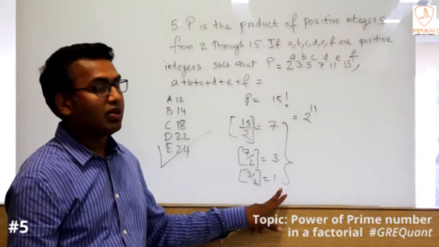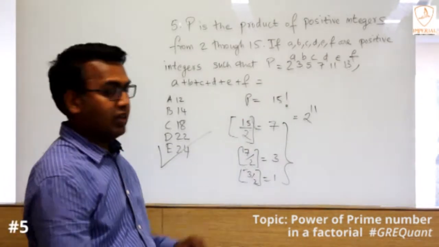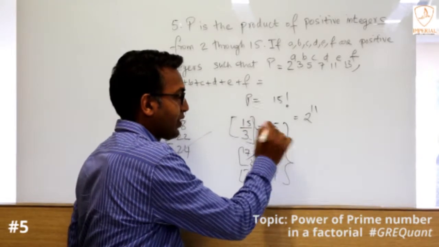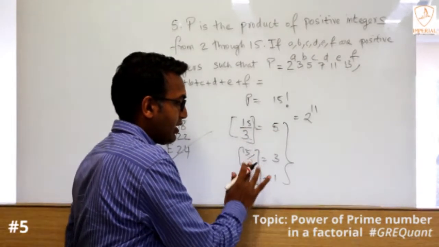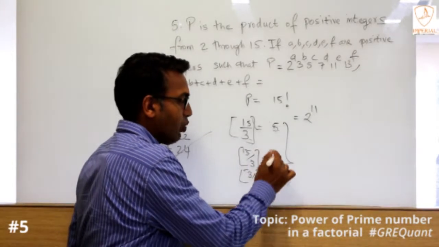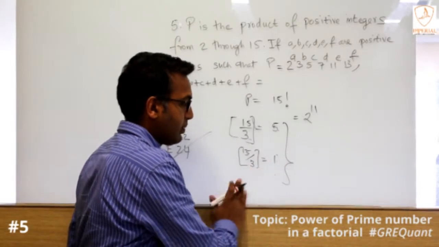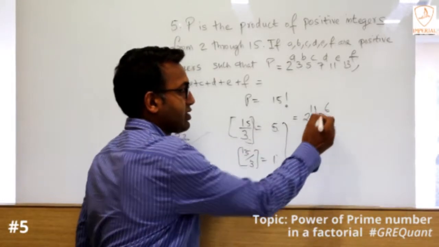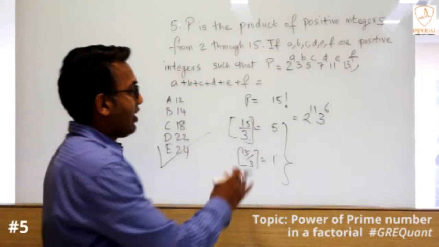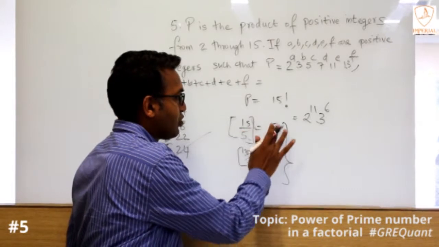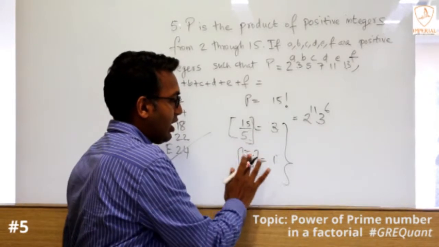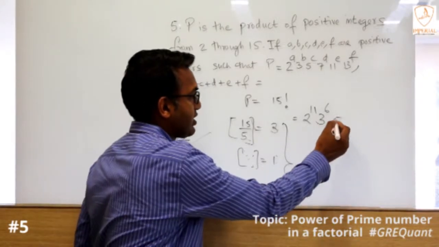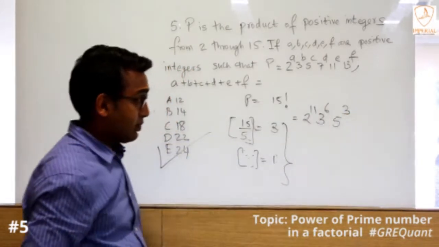If you remember, earlier also we got that. Now the power of 3, so let's start dividing by 3, so you'll get 5. Then 5 divided by 3, you'll get 1 point something, so just take 1 and that's it. So 5 plus 1 is 6, so 3 power 6. Next one, 5: 15 upon 5 will be 3, and now 3 by 5 will be 0 point something, so I just have 3 fives.